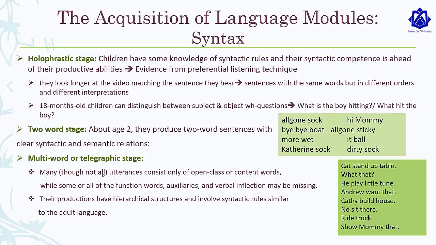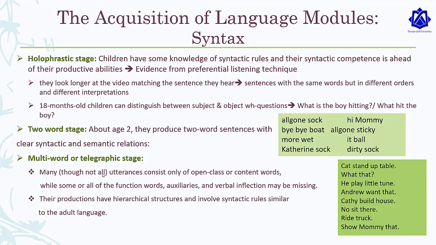For example, All Gone Suck, Hi Mommy, these are the productions of children at the two-word stage. Bye Bye Boat, All Gone Sticky, More Wet, It Bowl, Catherine Sock, Dirty Sock. So they have clear syntactic and semantic relations.